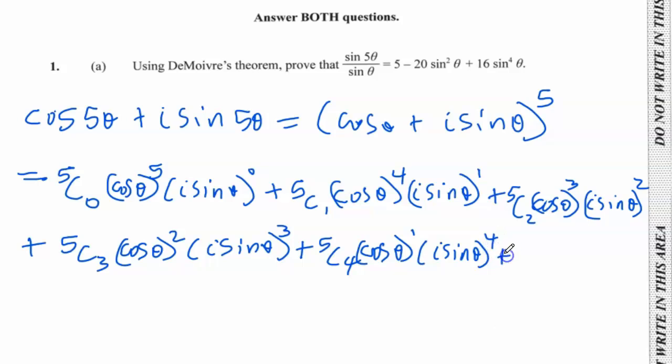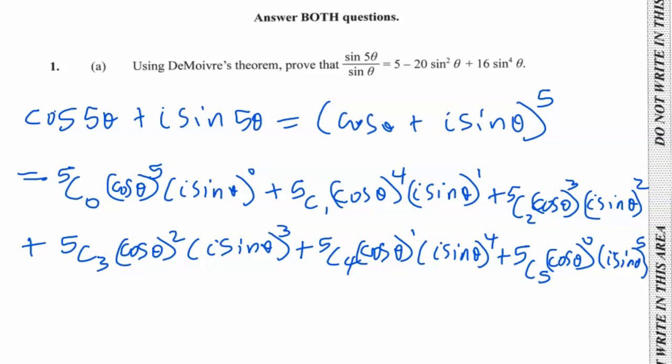And the final term, coefficient 5 choose 5, which should be 1, cos θ raised to the power of 0 and i sin θ raised to the 5th power.